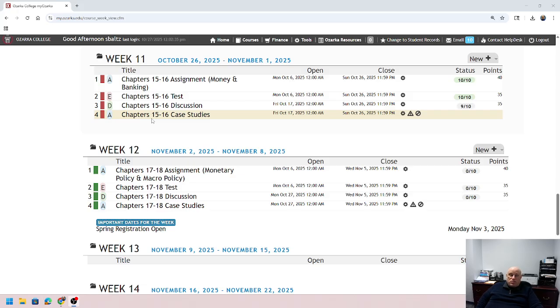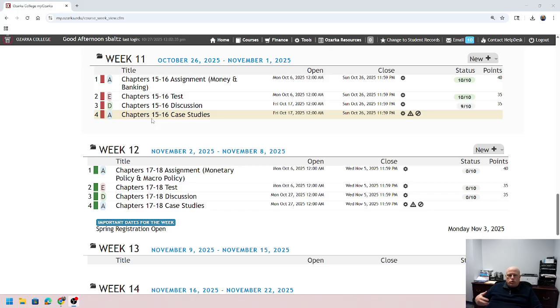You'll also learn about something called the Phillips curve, which is basically a way to kind of relate the unemployment rate to the inflation rate, or the interest rate. Then finally in chapter 18, you'll learn about what's called the natural rate hypothesis. All right? And so those are the topics that will be covered in chapter 17 and 18.